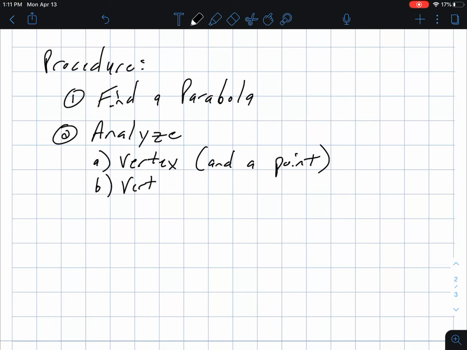That's going to lead you right into getting your vertex. Well, actually, I'm sorry, before the vertex, you're going to want to find A by plugging in your vertex and the point. Then you're going to get your vertex form. Once you multiply that vertex form out, you're going to be able to get your quadratic form.